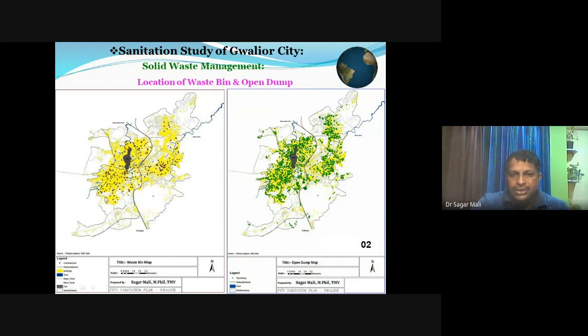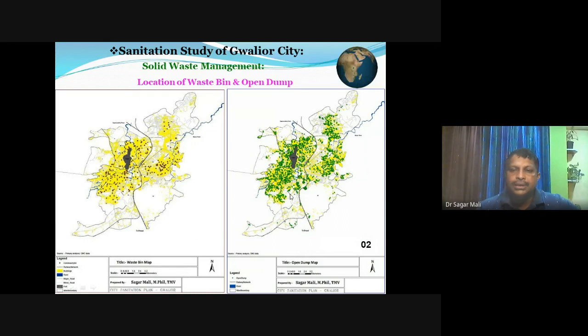The red dots show the current locations of the waste bins in the city, and on the right side are places where bins are not available and people throw their garbage into open places, open dumping sites, away from the actual bin locations. So this systematically shows the spatial distribution of bin locations and open dumping sites, where garbage is dumped in an open area. So it shows there is a great requirement for bins in the city.